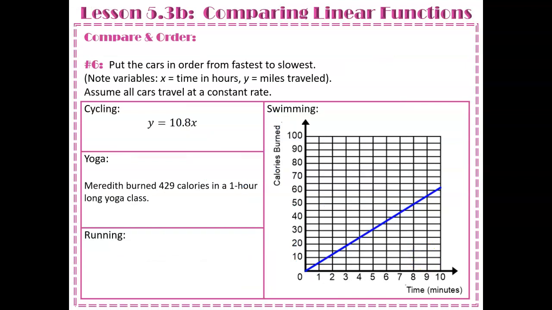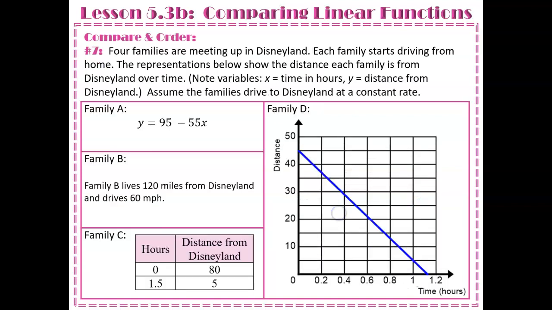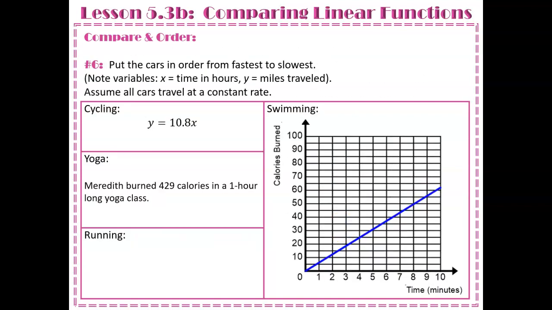Question number 6, put the cars, your question I think is different. I'm going to read your question in your packet. Put the exercises below in order from burns the most calories to burns the least calories. This is wrong.